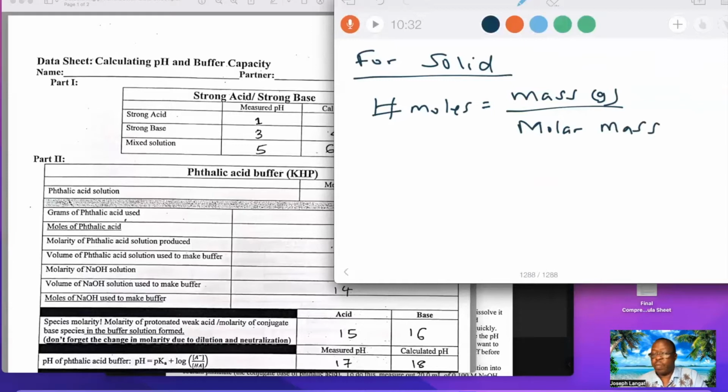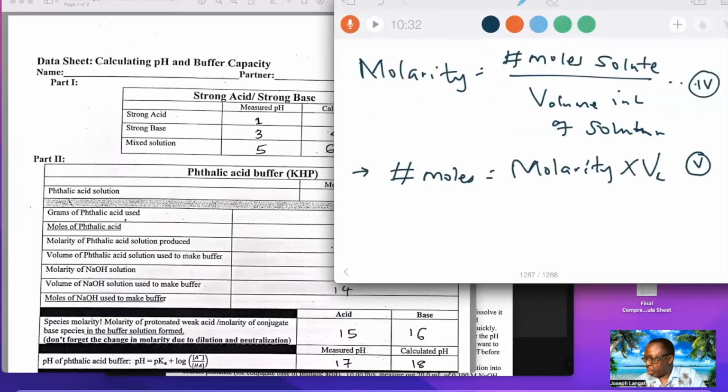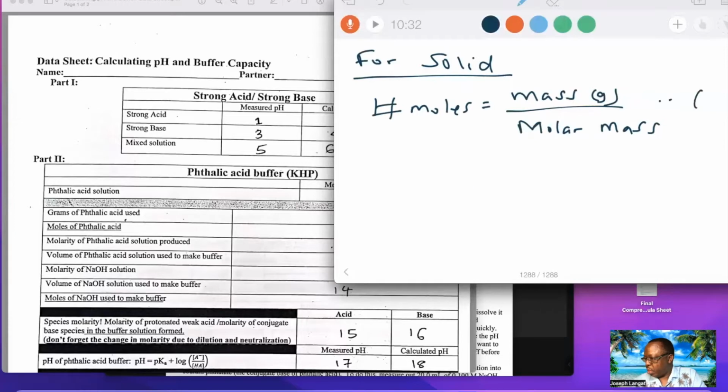You may be given this, or you may be required to use the periodic table to determine the molar mass. But it turns out that we are given the molar masses of the solids we are going to work with. This is equation 6.